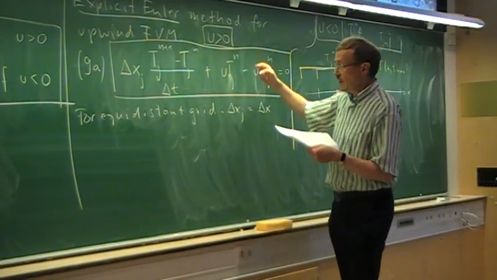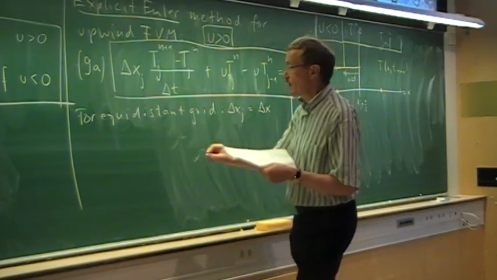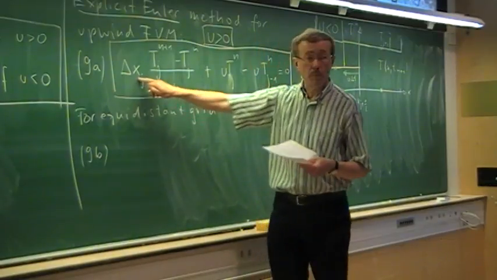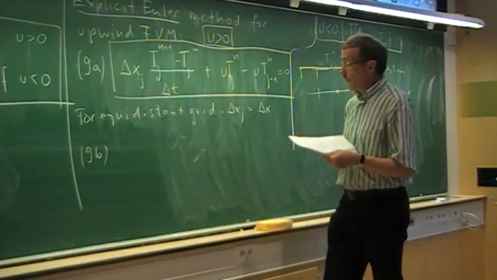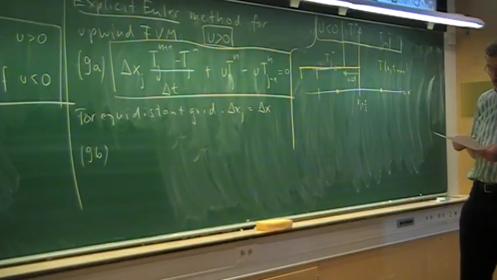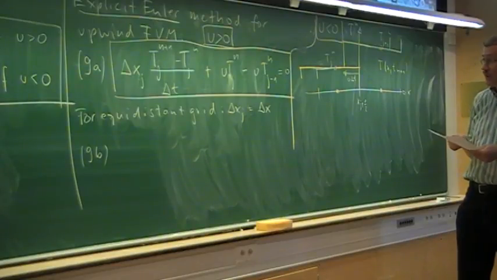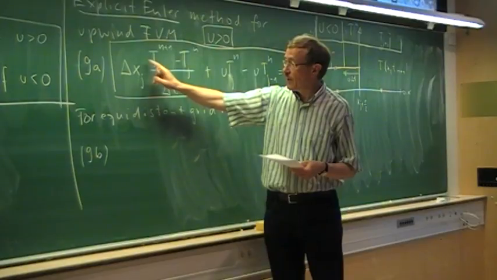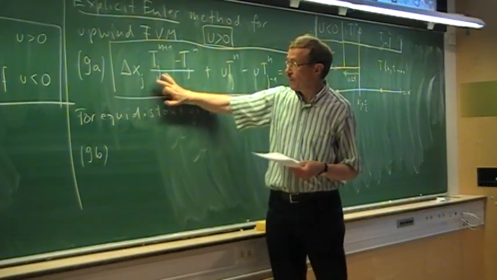Then we can express this equivalently in the following form, 9b. This becomes simply delta x, and then we can divide by delta x and multiply by delta t. So again, we multiply by delta t over delta x to get rid of those here.